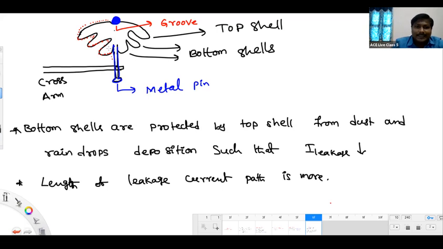See, actually, this is an insulator which we can see outside, a big pin type insulator. Generally, we will be using it for 33 kV levels. Now, what about the 11 kV pin type and low voltage level pin type?